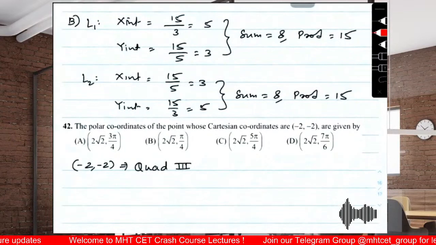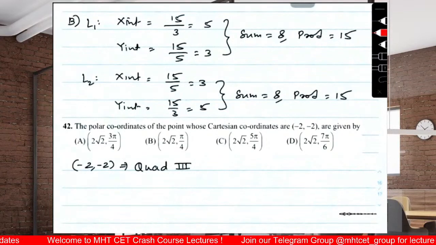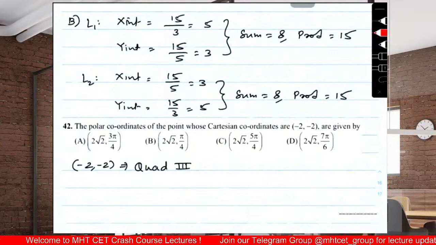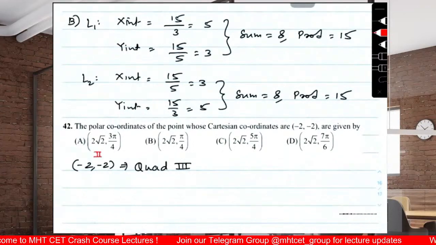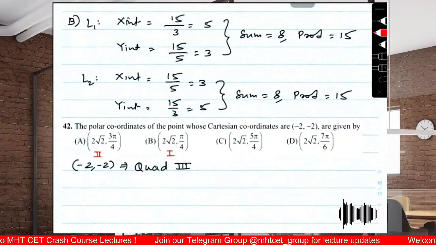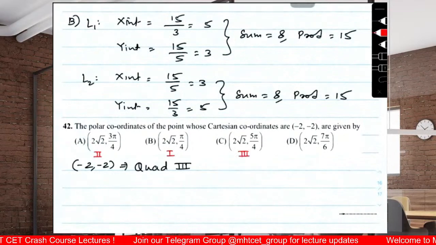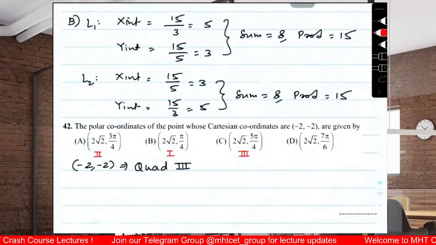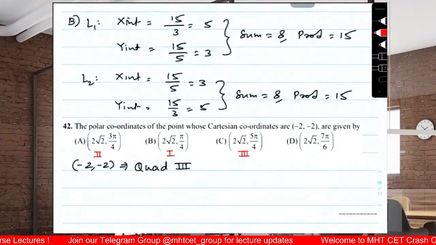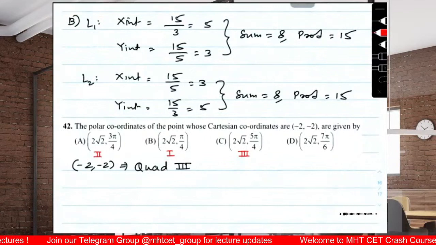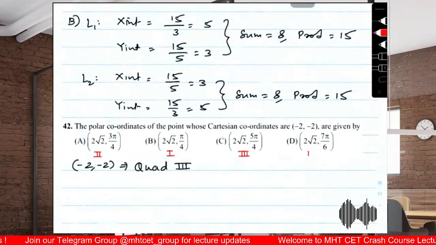Okay, angle से decide करो. First one is second quadrant, right? 3 pi by 4. Pi by 4 is first quadrant. 5 pi by 4 is third quadrant. 7 pi by 4. 7 pi by 6 किधर आता है? Is also second quadrant, right? Third quadrant.